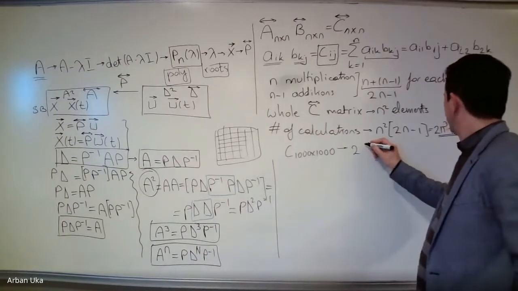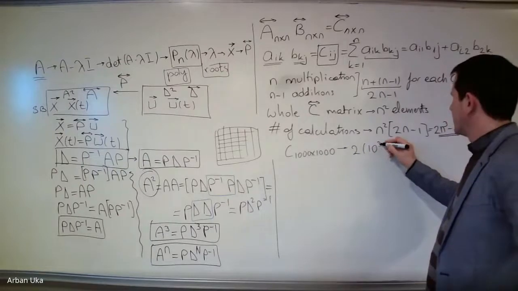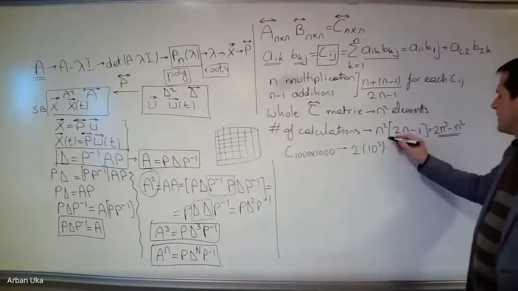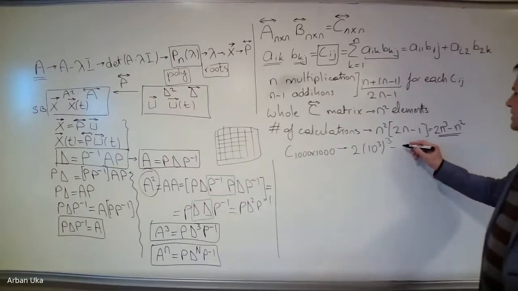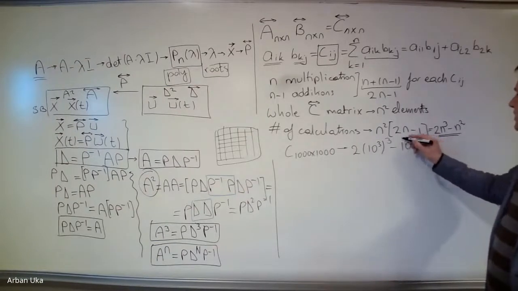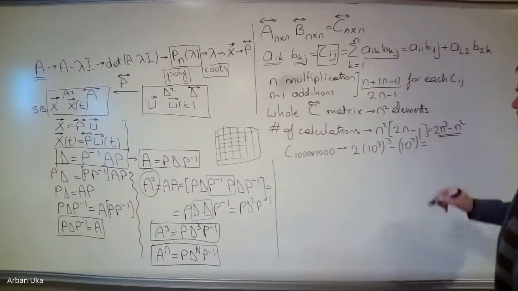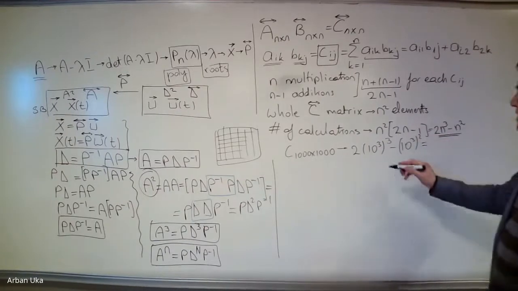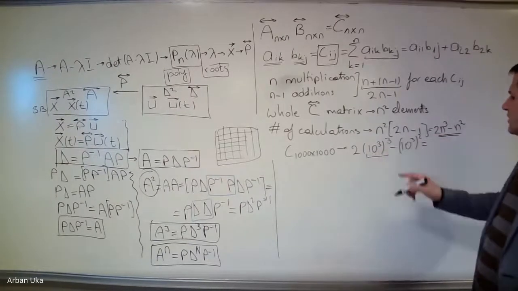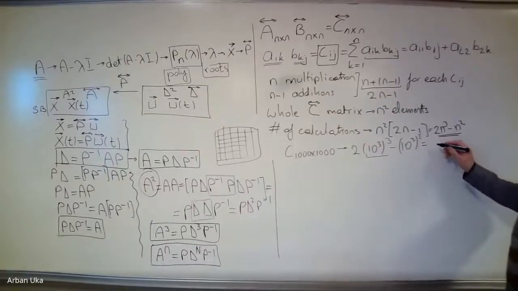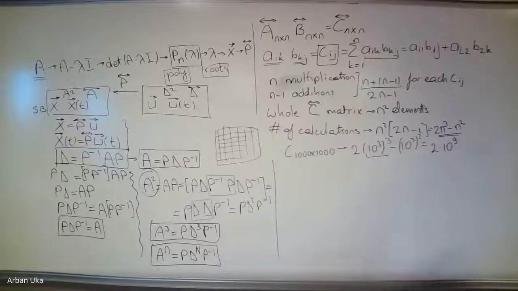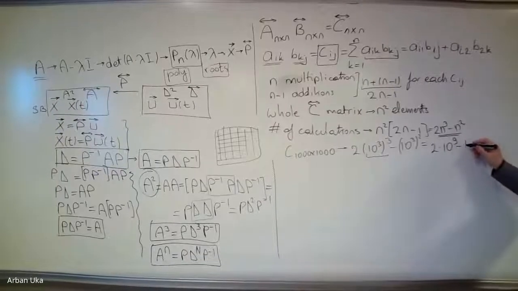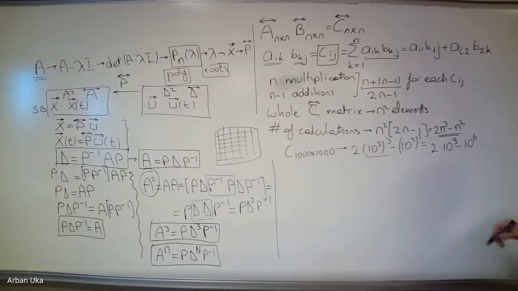This is 2 times 10 to the power 3, which is 1000, to the power 3, minus 10 to the power 3 all squared. So the total number is 10 to the power 3, to the power 3, which is 10 to the power 9, minus 10 to the power 6. What is 10 to the power 9 minus 10 to the power 6?